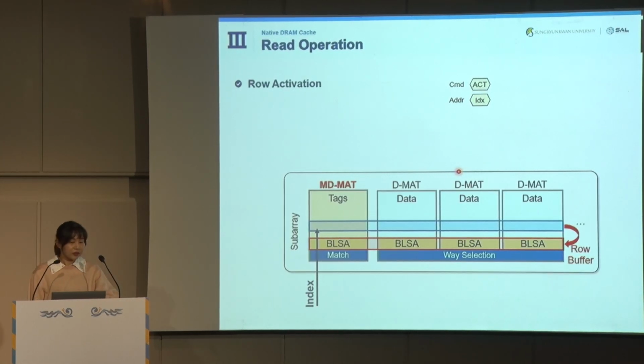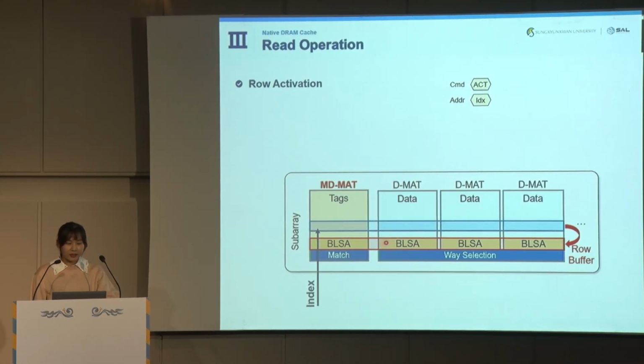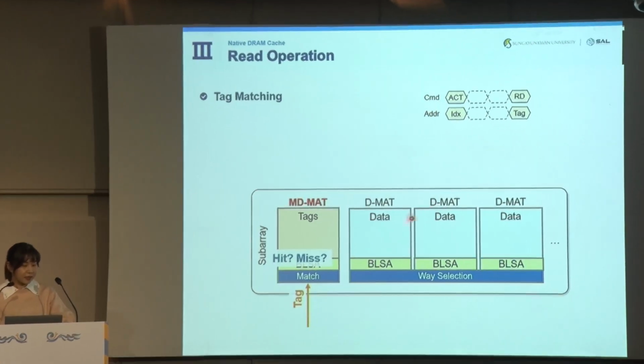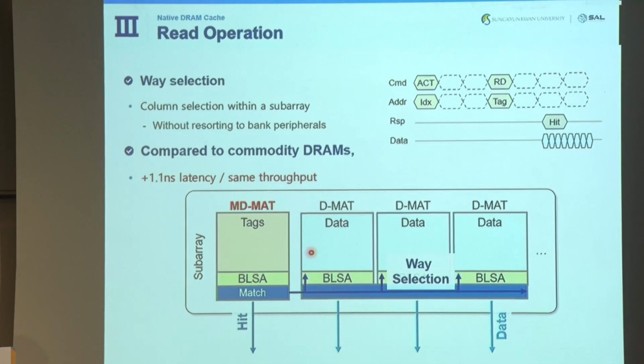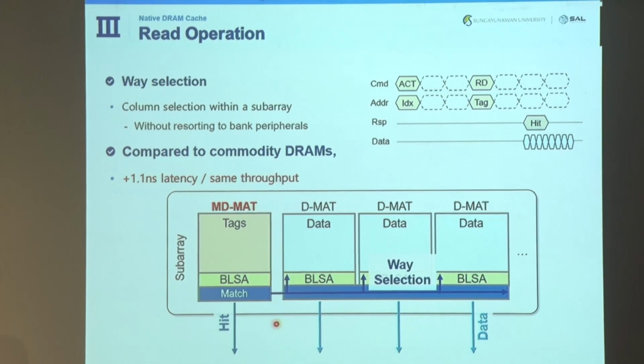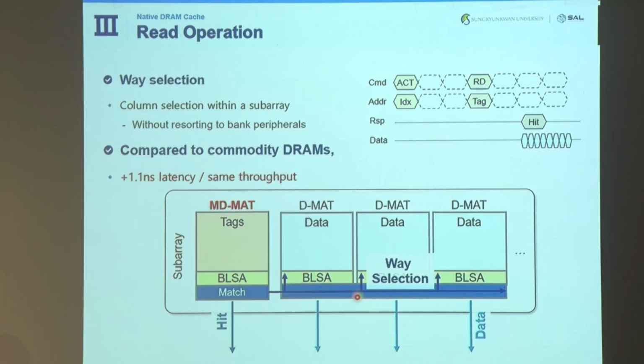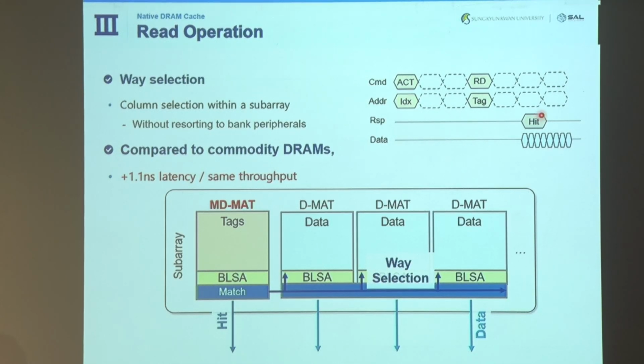During activation, data from the row selected by an index is stored in a row buffer. Then the tag is inputted with a read command, and the mat for metadata determines the hit status. Subsequently, if there is a way where a hit occurred, data from that way is read. Additionally, the hit is reported to the controller through a dedicated pin.